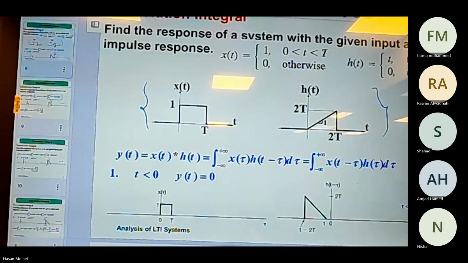You just need to change the part. Yeah, that's it.